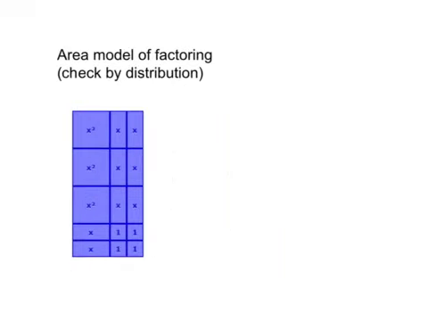Let's take a look now at what we've learned, which is that a polynomial that factors can be formed into a rectangle. The polynomial itself would be all of the tiles, and in this case the polynomial is 3x squared plus 8x plus 4.